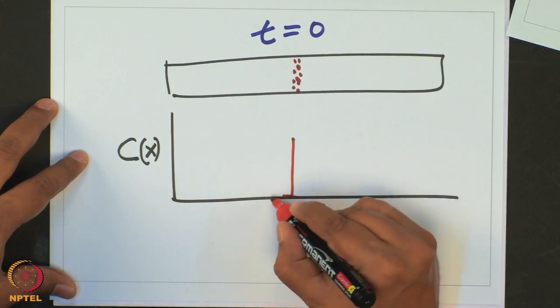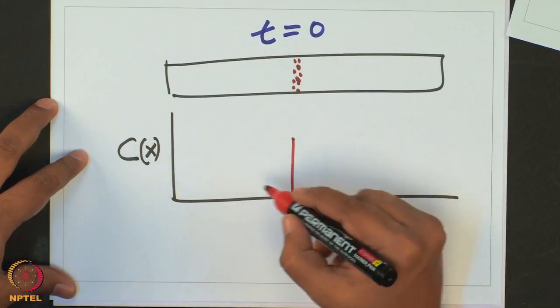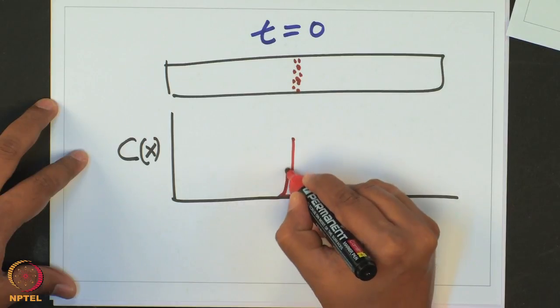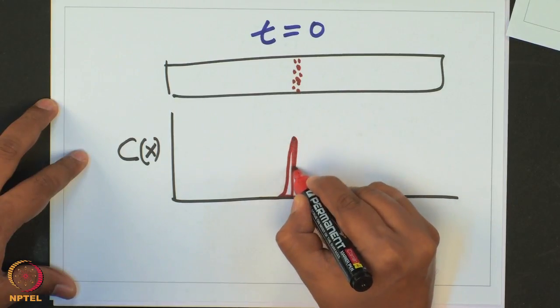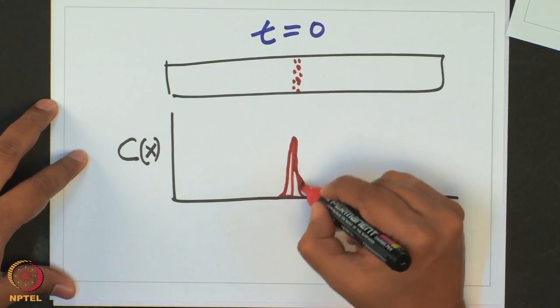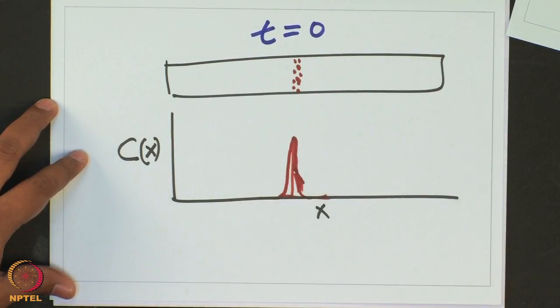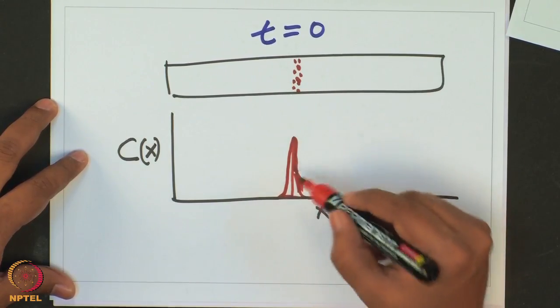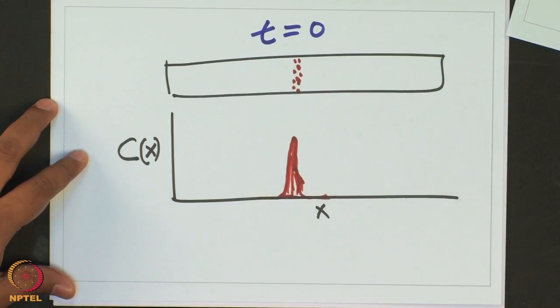You can even imagine this is a Gaussian with a very small width. So you essentially have a concentration which has a peak at one point.